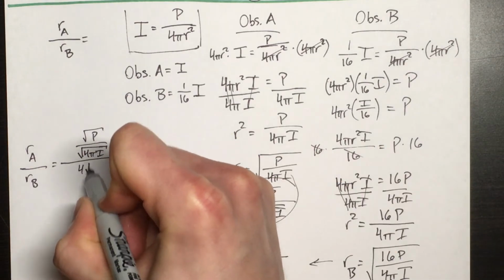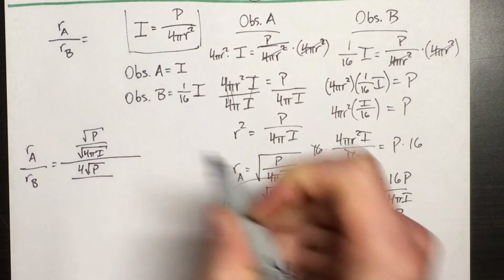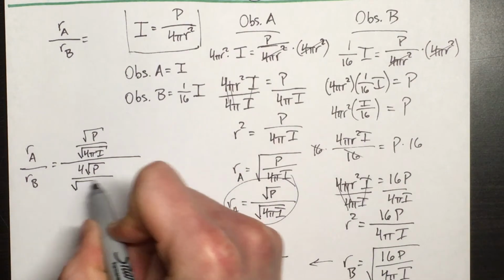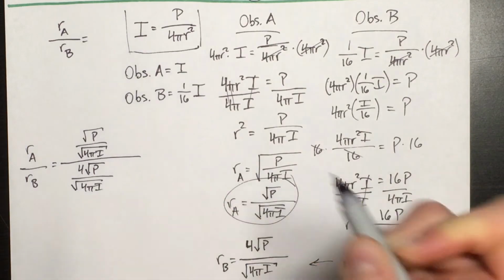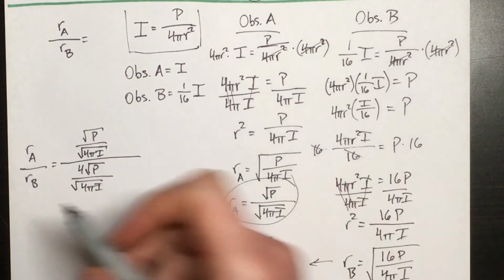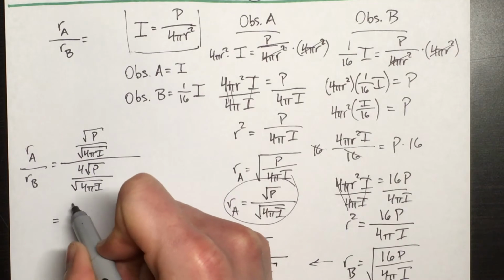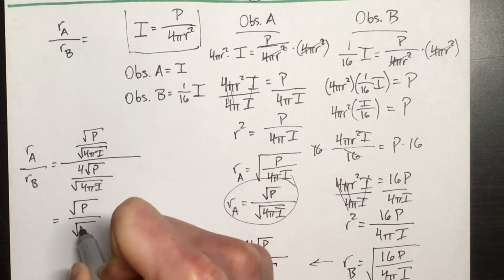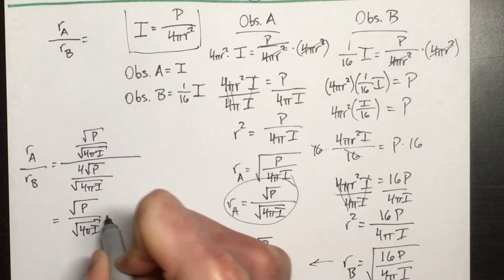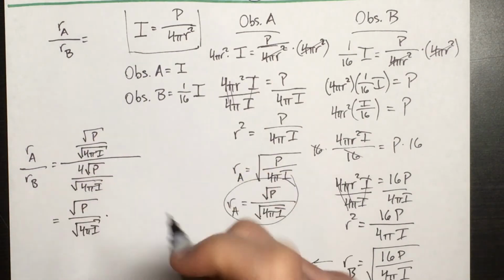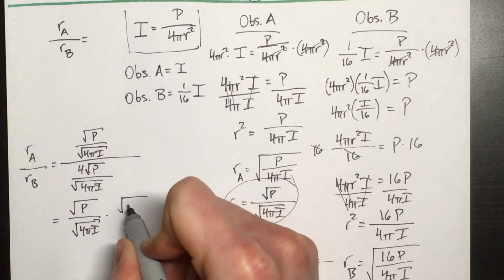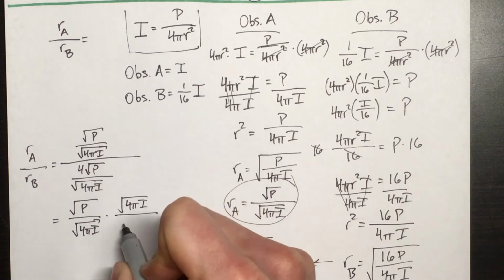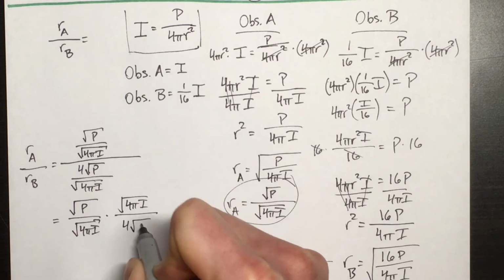Over 4 square root of p over square root of 4 pi I. Again, I'm just plugging in RB. So how do we divide fractions? Flip the second and multiply, right? So that'll be square root of p over square root of 4 pi I times the reciprocal of that, so times the square root of 4 pi I over 4 square root of p.